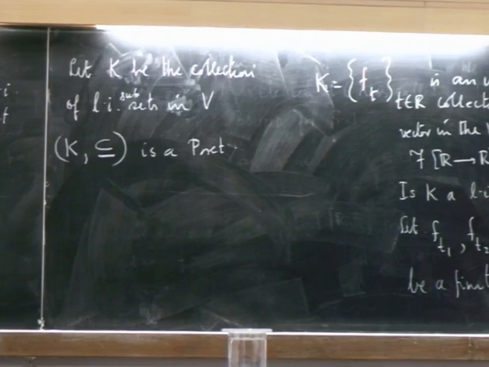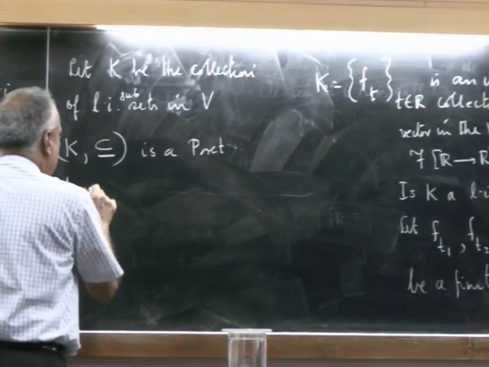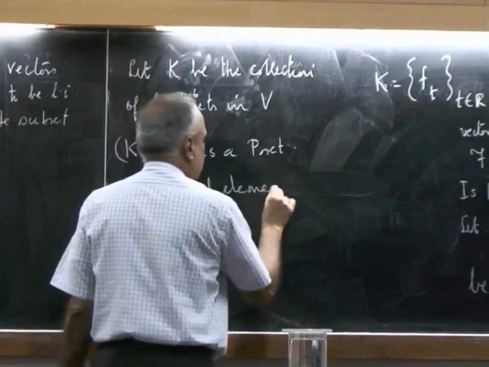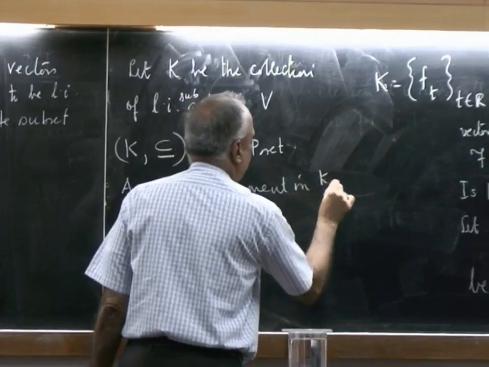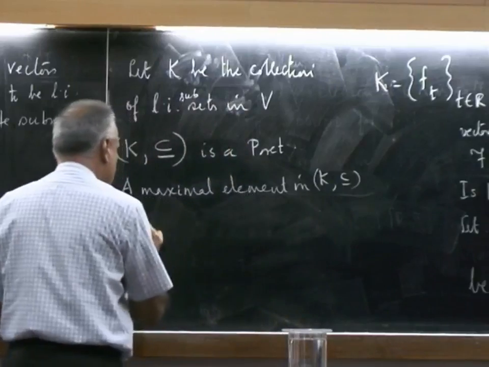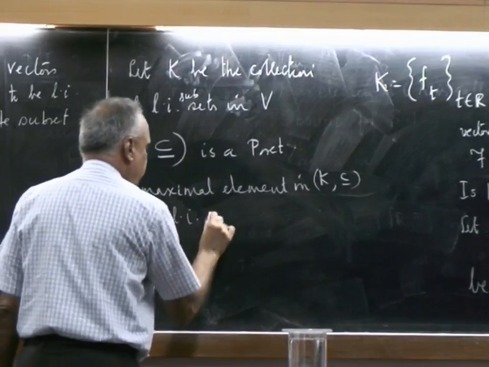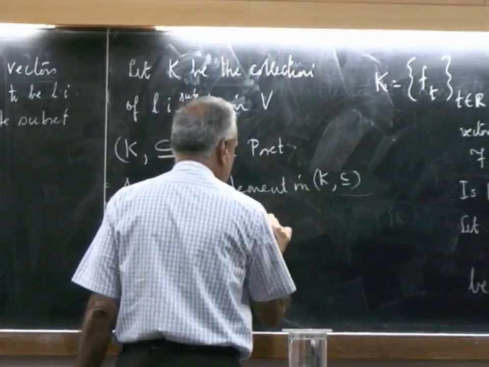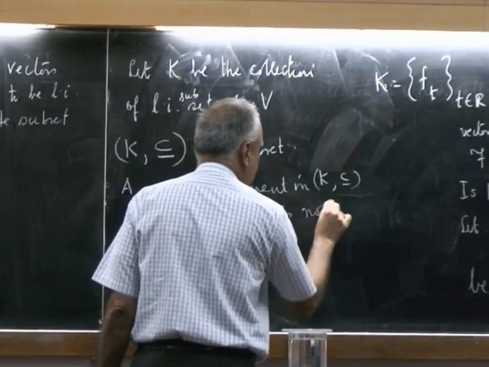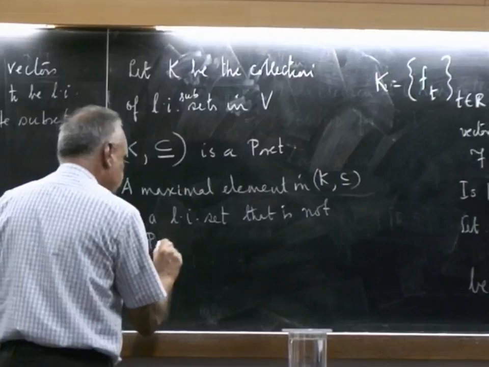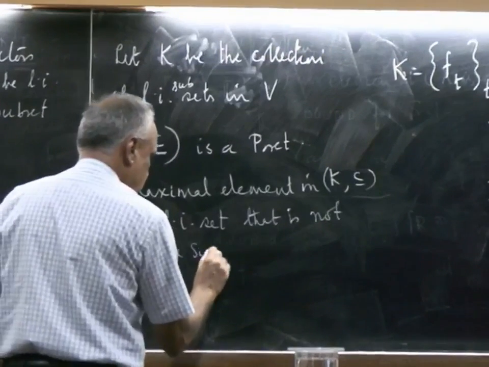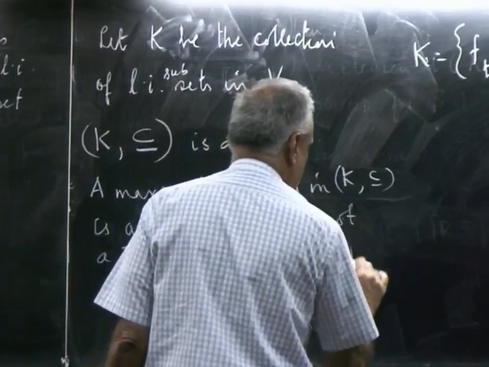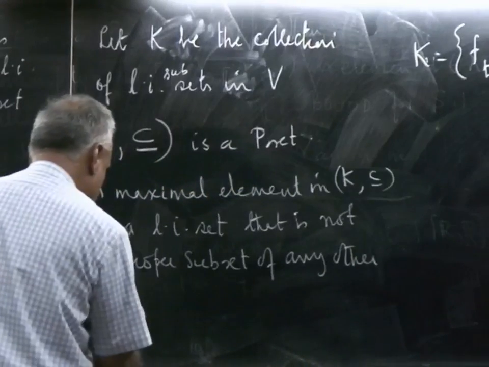Okay. So, a maximal element in K is a linearly independent set that is not a proper subset of any other linearly independent set.